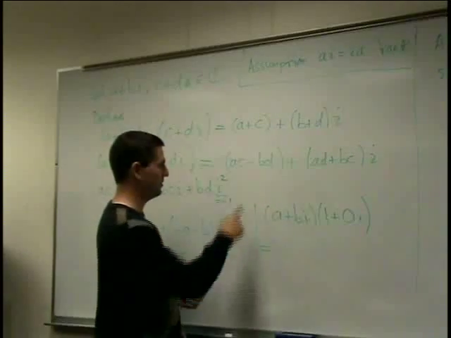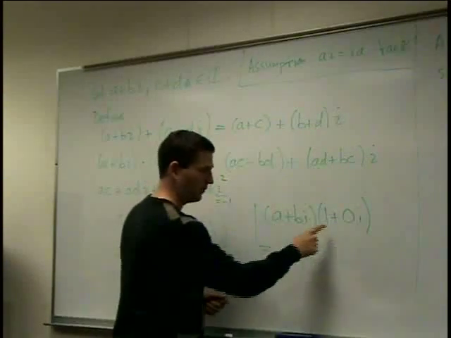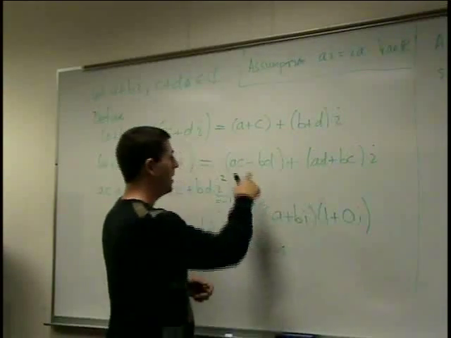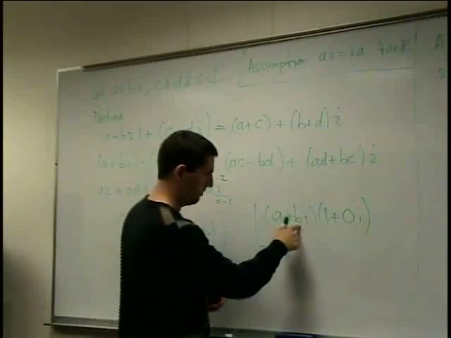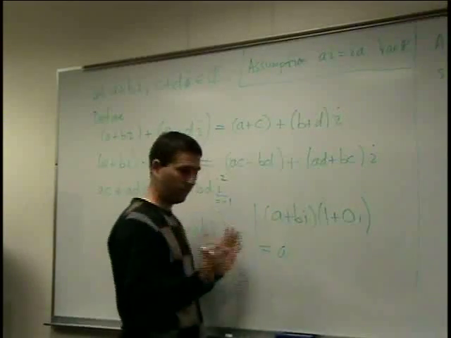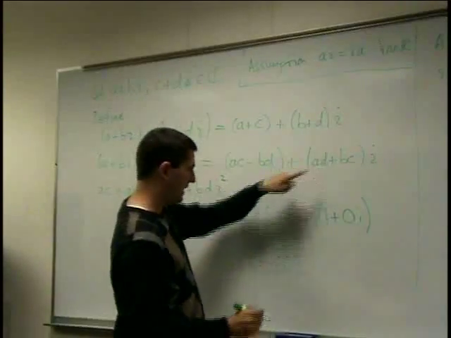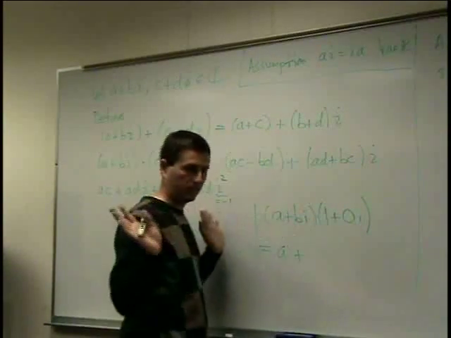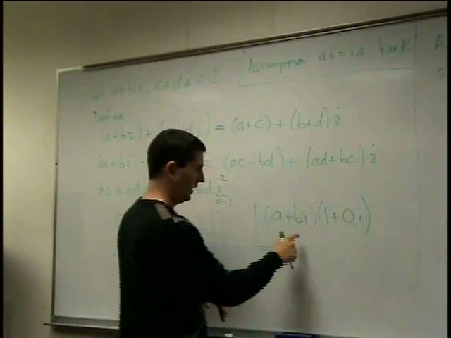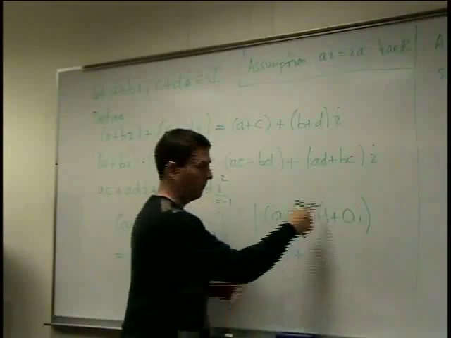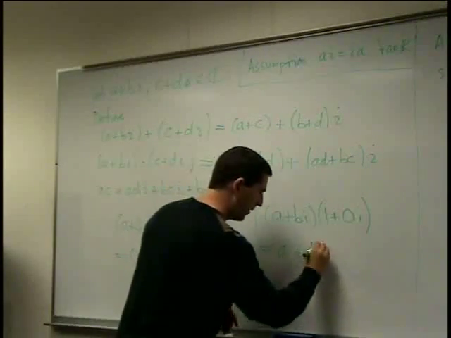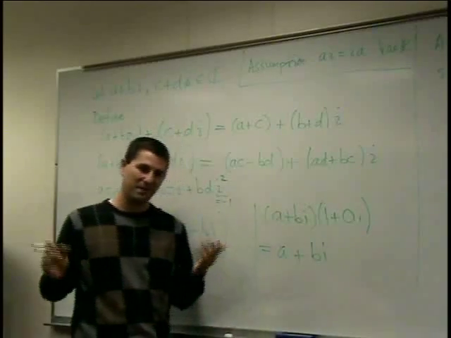The definition says you do a times c. That's a times 1, good, that's a. Minus b times d. That's minus b times 0, that's 0. So you just get a. Plus ad, that's a times 0. Plus bc, that's bi times 1, so that's bi. Good, it worked.